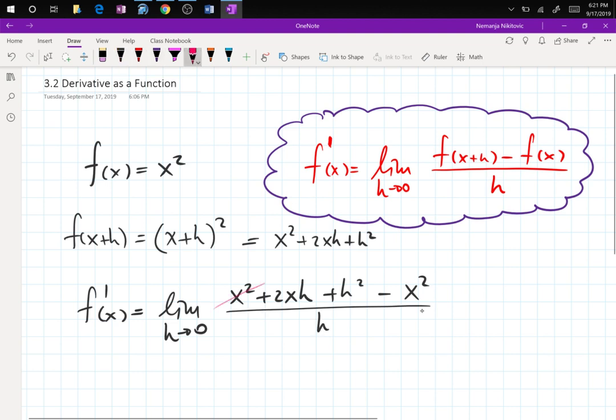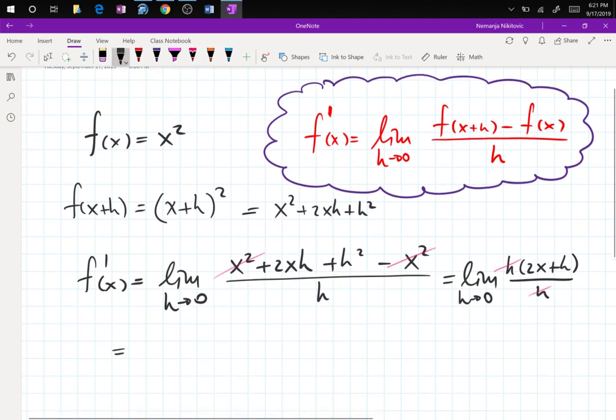So now these two cancel, and you see that you can factor out h. You get 2x plus h divided by h. Cancel these two, and we get that f prime of x is equal to, when you send h to 0, you just get 2x.